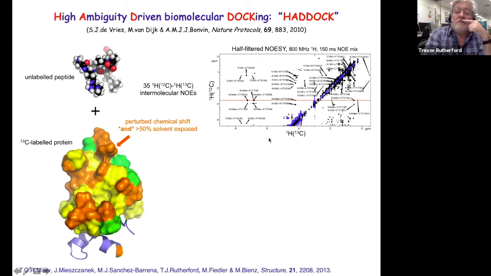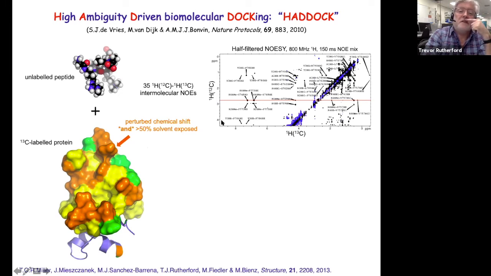And we can apply a second filter to only detect protons that are coupled to a C13 that's introduced into the molecule. So if we take a C13 labeled protein and an unlabeled peptide, essentially what this spectrum is showing you is the NOEs that are filtered out solely as coming from the peptide onto the protein. So it's across the interface as the NOEs that we get in here.